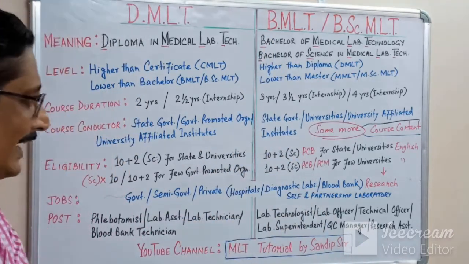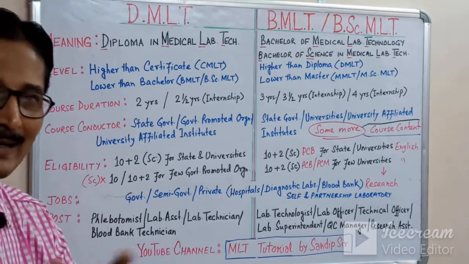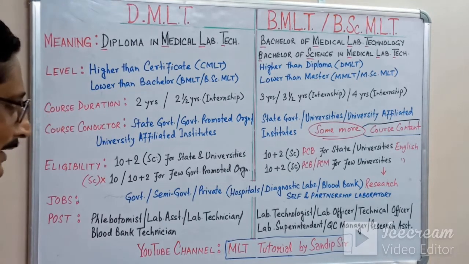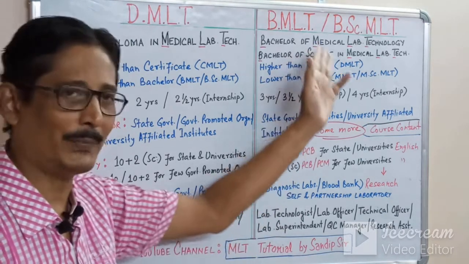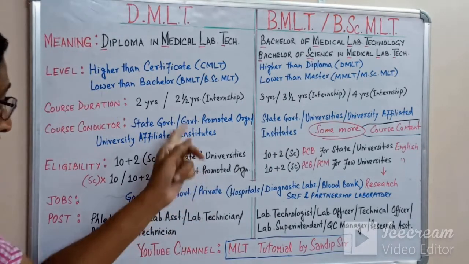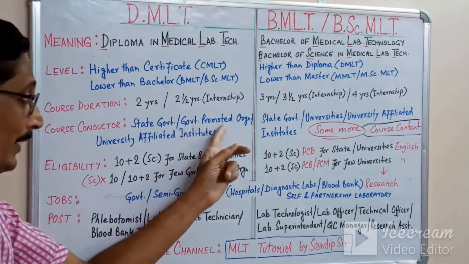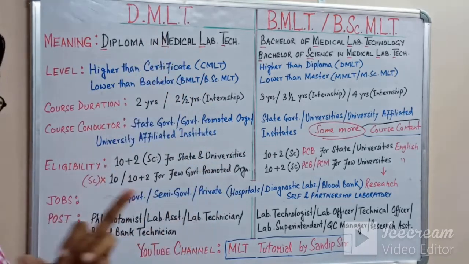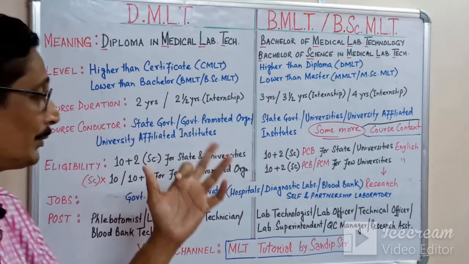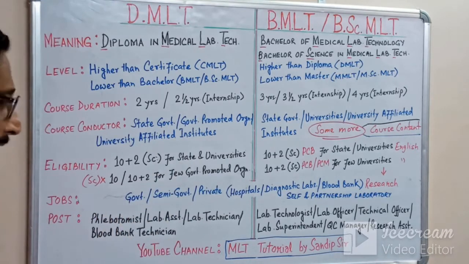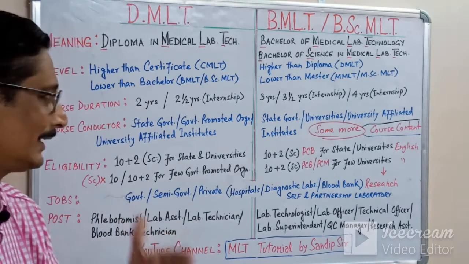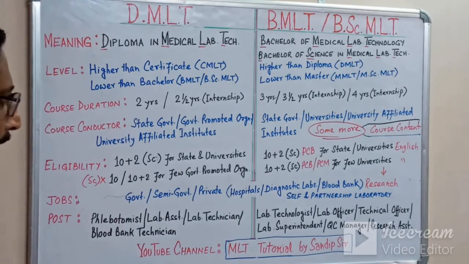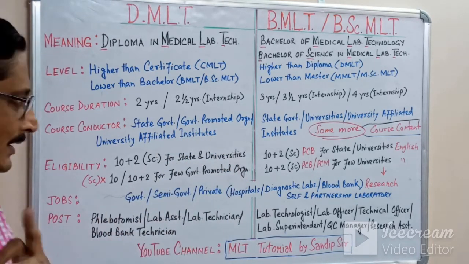Every state has a health university or allied health university, and through that body they provide you the bachelor degree. And here is another thing: government promoted organizations promoting diploma courses, like NIOS, which I have told about earlier, the National Institute of Open Schooling, and BSS, that is Bharat Sevak Samaj.